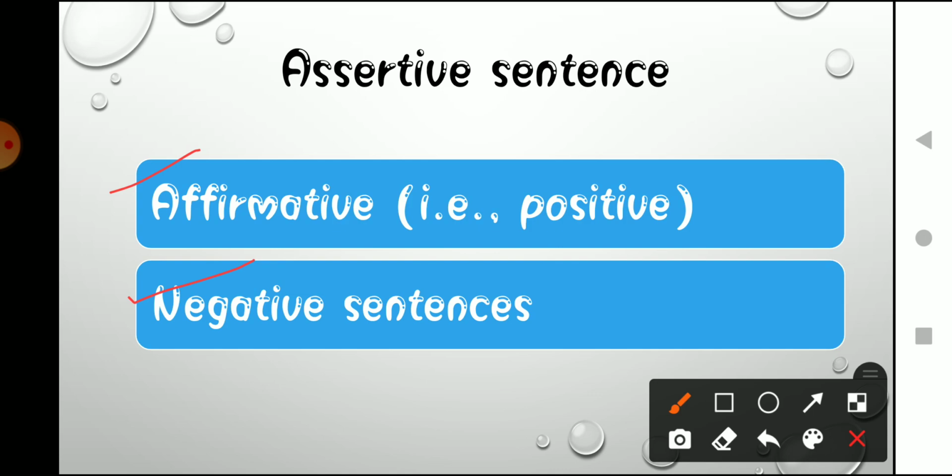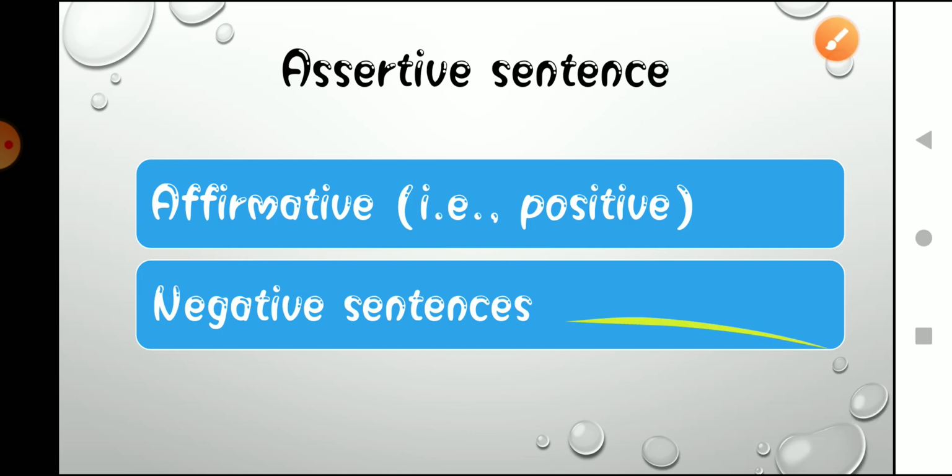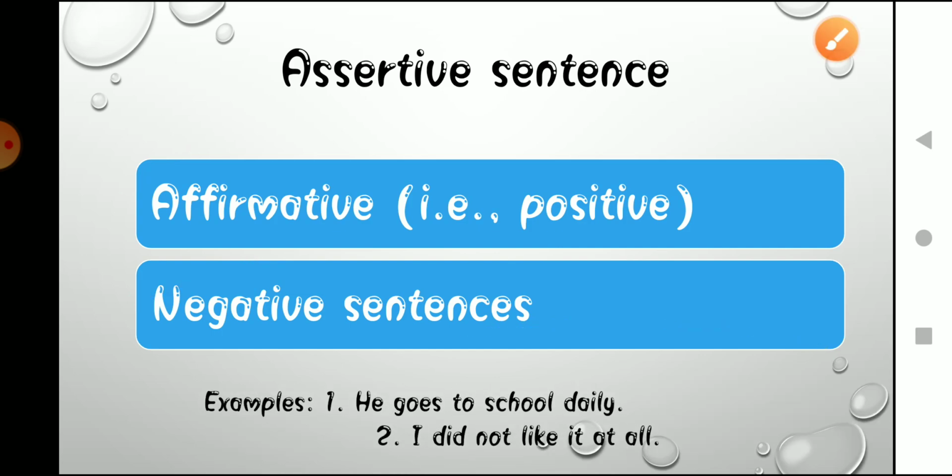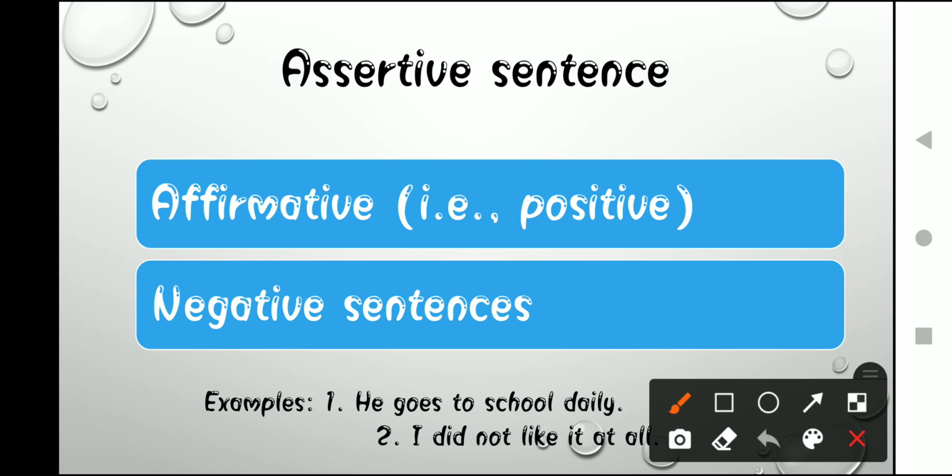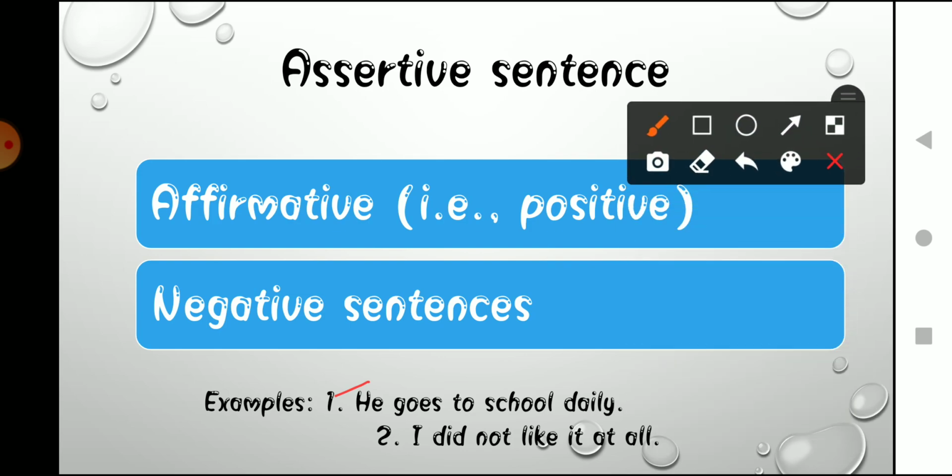For example, he goes to school daily is a positive sentence, and the negative sentence is the second one, I did not like it at all.